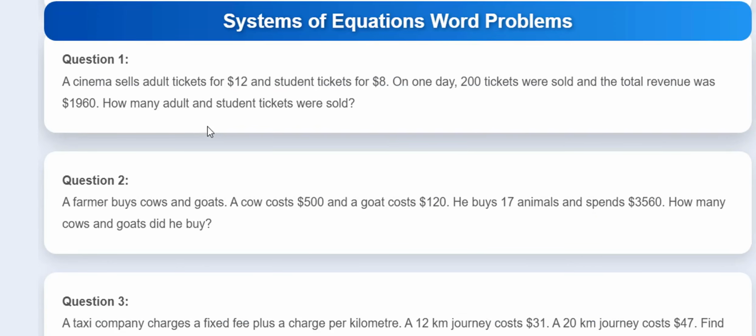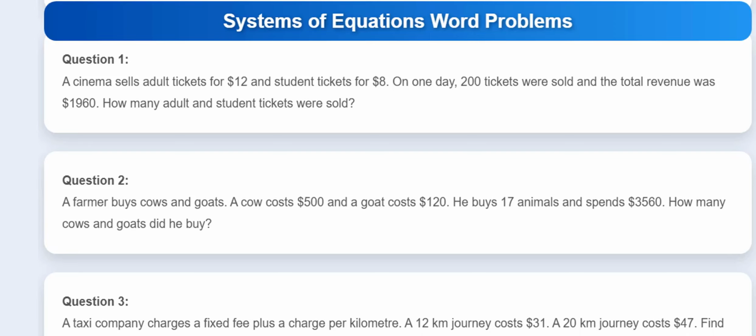Let's say, for example, you are told a cinema sells adult tickets for $12 and student tickets for $8. On one day, 200 tickets were sold and the total revenue was $1960. How many adult and student tickets were sold? So the first thing we note is there are adult tickets and student tickets.